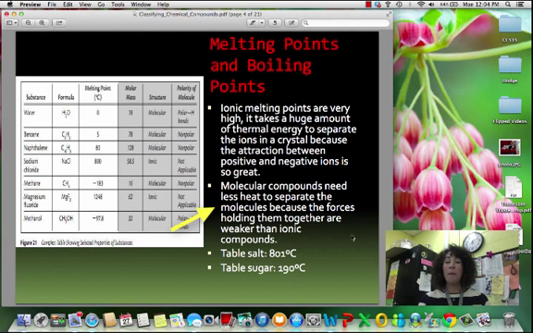Where molecular compounds, because the bonding is not quite as strong, the forces holding them together are weak, it doesn't take a lot of heat to separate them. So just as an example, salt has a melting point of 801 degrees. It is an ionic compound, where sugar, carbons and hydrogens, and some oxygen, covalent bonds, it's only 190 degrees.